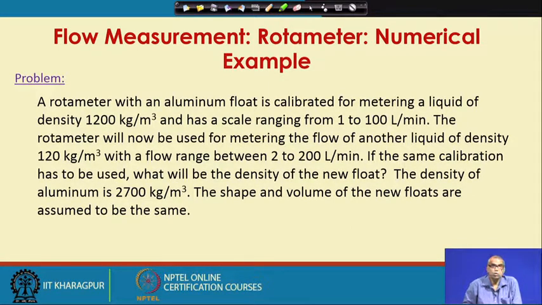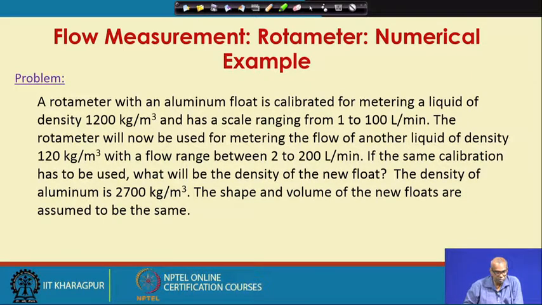So, the problem is as follows: a rotameter with an aluminum float is calibrated for metering a liquid of density 1200 kg per meter cube and has a scale ranging from 1 to 100 liter per minute. The rotameter will now be used for metering the flow of another liquid of density 120 kg per meter cube with a flow range between 2 to 200 liter per minute.